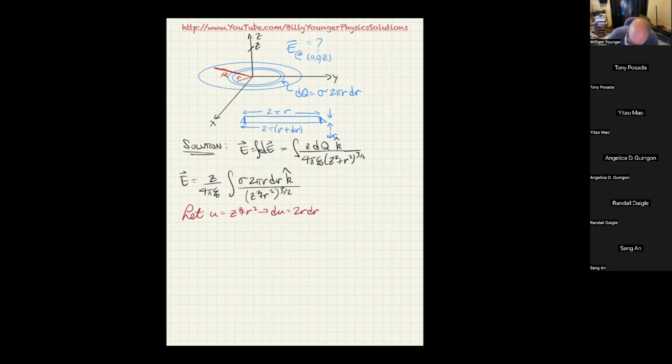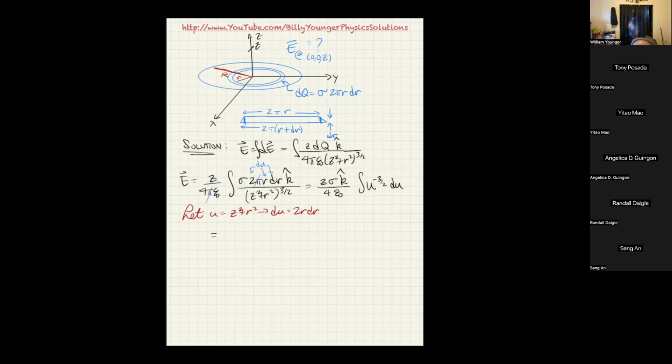So I'm going to cancel out this pi with this pi. I'm going to leave that 2. This guy, and this guy all make up du. Okay. So now what I have is z sigma k hat over 4 epsilon naught is equal to the integral of u to the negative 3 halves times du.